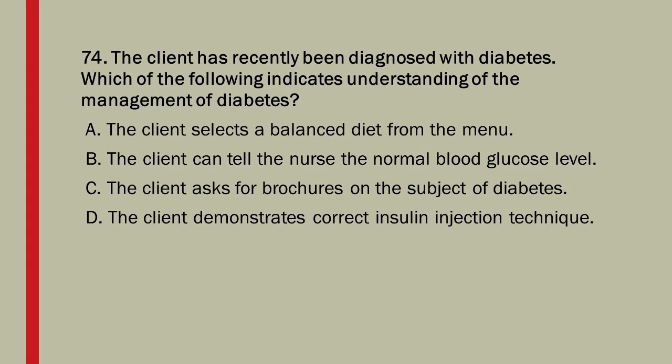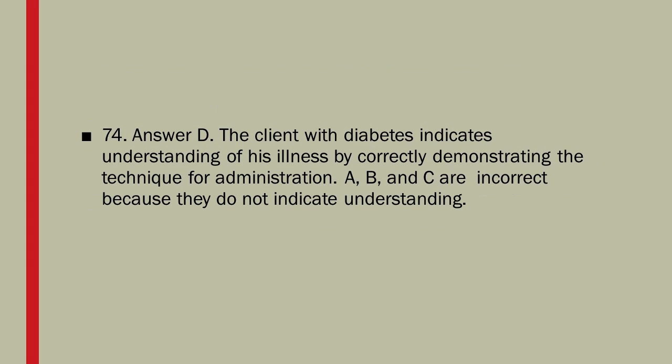D. The client demonstrates correct insulin injection technique. 74. Answer is D. The client with diabetes indicates understanding of his illness by correctly demonstrating the technique for administration. A, B, and C are incorrect because they do not indicate understanding.